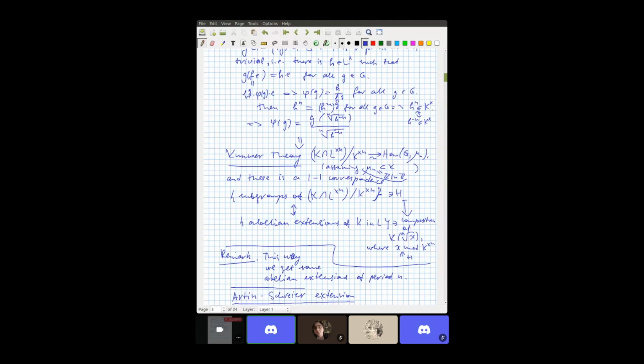Abelian extensions correspond to certain subgroups of G such that the quotient by this subgroup is abelian. Essentially we want to know what the homomorphisms from G to abelian groups of period n are.